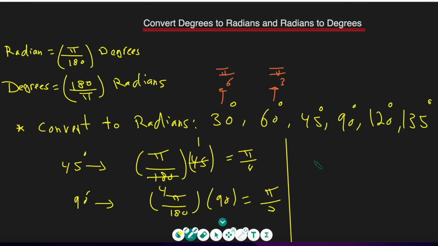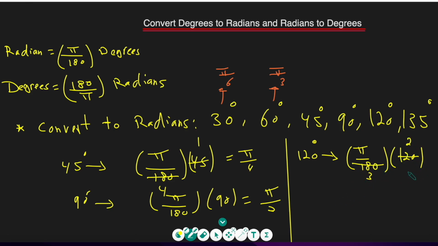And 120 degrees will be pi over 180 times 120. We don't have a whole 120 in 180, but we can share a 60. So this has 2 60s in it, and this has 3 60s in it.